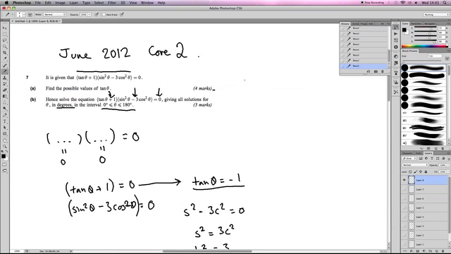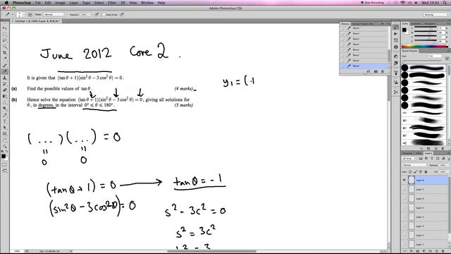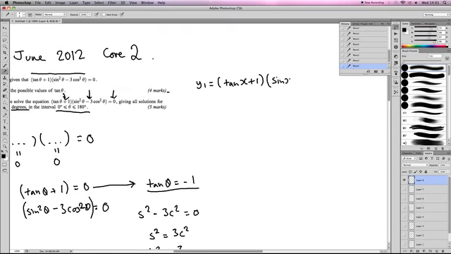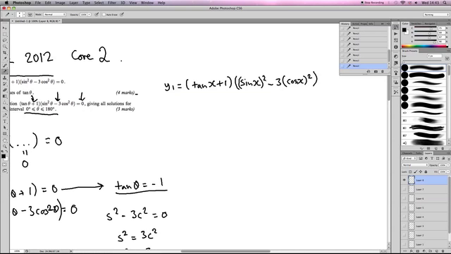So literally go to graph, for y1 type in open brackets tan x plus 1 close brackets, open brackets sine x squared, minus 3 open brackets cos x squared, and then close brackets, and type that entire thing into your first line, y1, and then for y2 just type in 0.